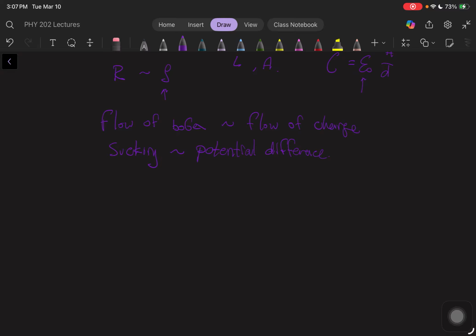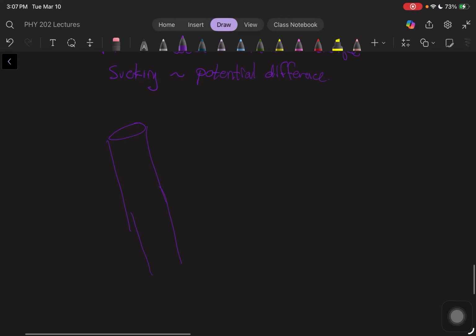Right. And so what's going to determine how much boba you get based on the straw? You have a straw, boba, and then you got all the little tapioca pearls at the bottom. Let's think. The longer the straw is, the more difficult this is going to be, right?